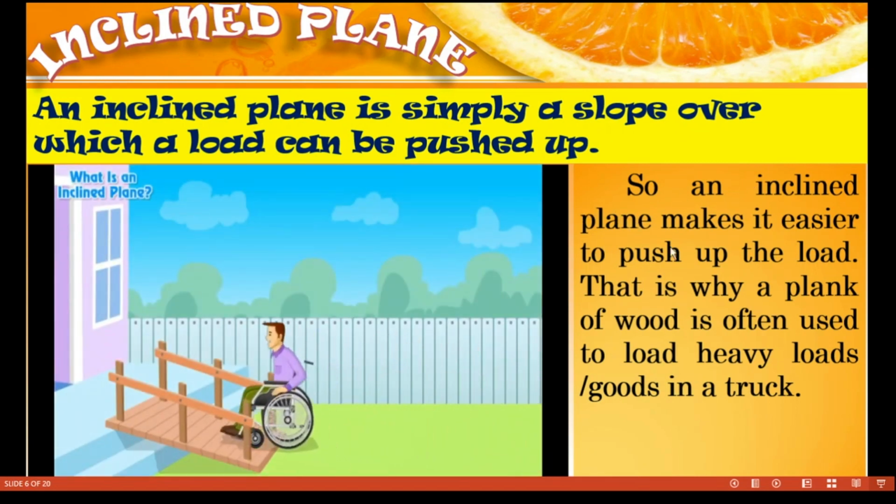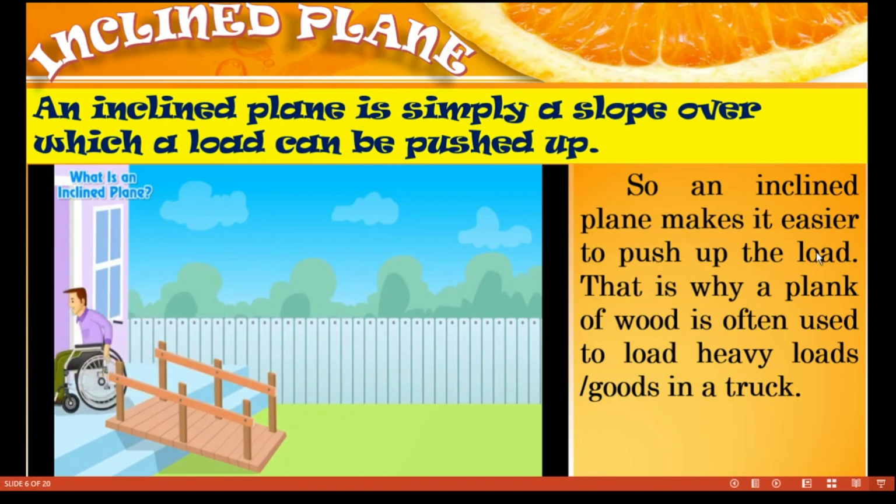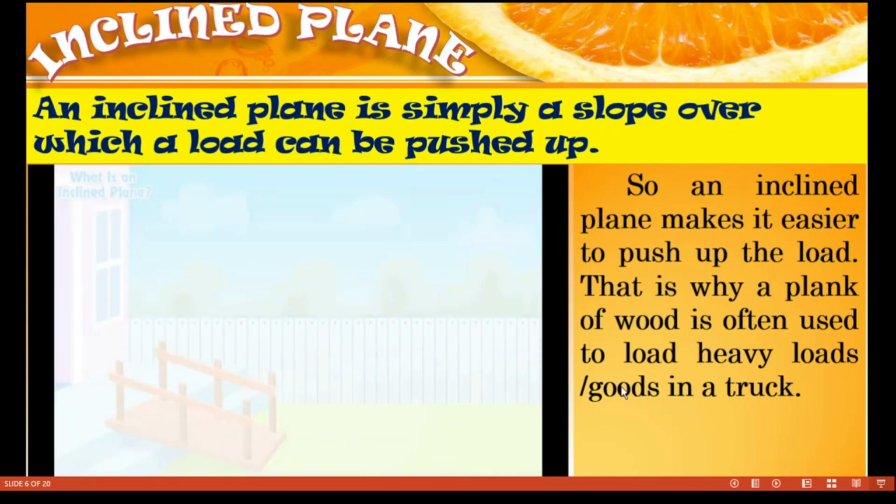So an inclined plane makes it easier to push up the load. That is why a plank of wood is often used to load heavy loads or goods in a truck.